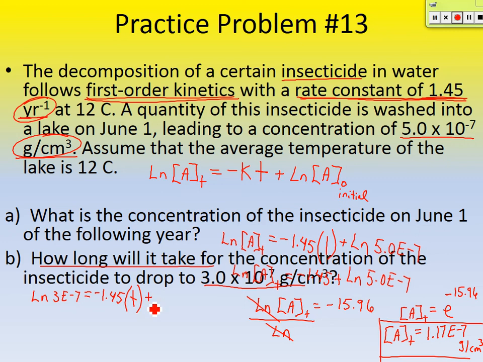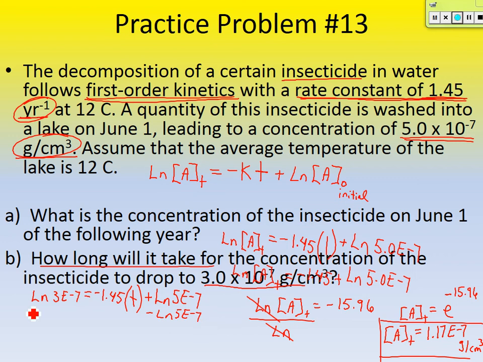Plus the natural log of A initially. What was the concentration initially? Yeah, it gave it to us in the problem. 5 times 10 to the minus 7. Now we just use a calculator. What I would do is let's subtract the natural log of 5 times 10 to the minus 7th from both sides.